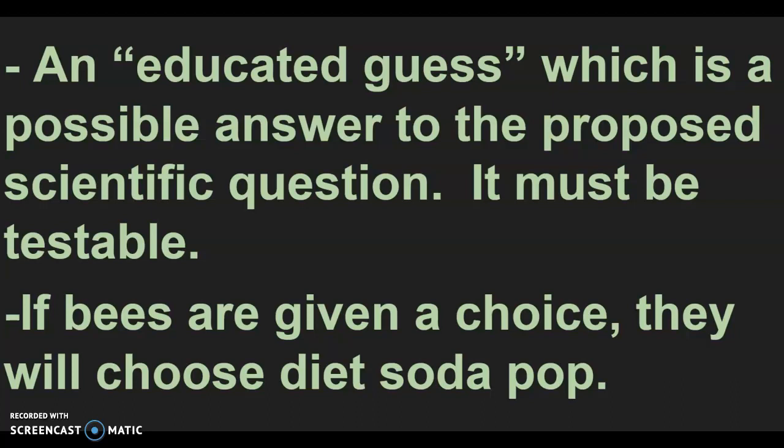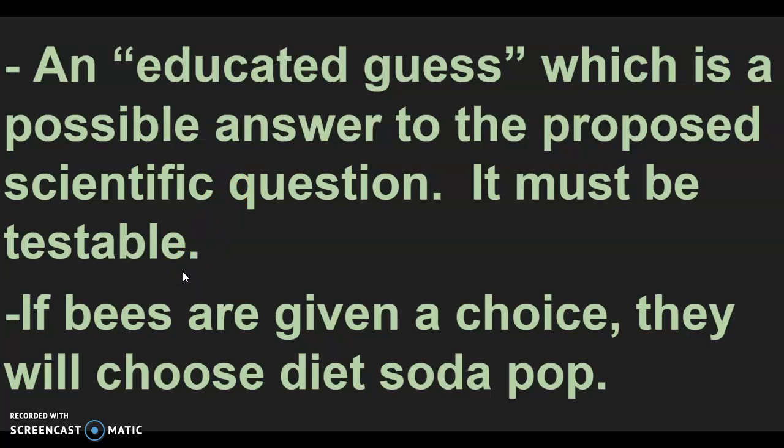That sounds like a lot of big words jumbled together, but there's no sense in us staying away from that because let's face it, that's how your standardized tests are written. Lengthy, wordy. So an educated guess. It's a guess. It's a possibility. It's a possible answer. Doesn't mean it's definitely the answer. It's a possibility. And it has to be testable, so something that we can test.